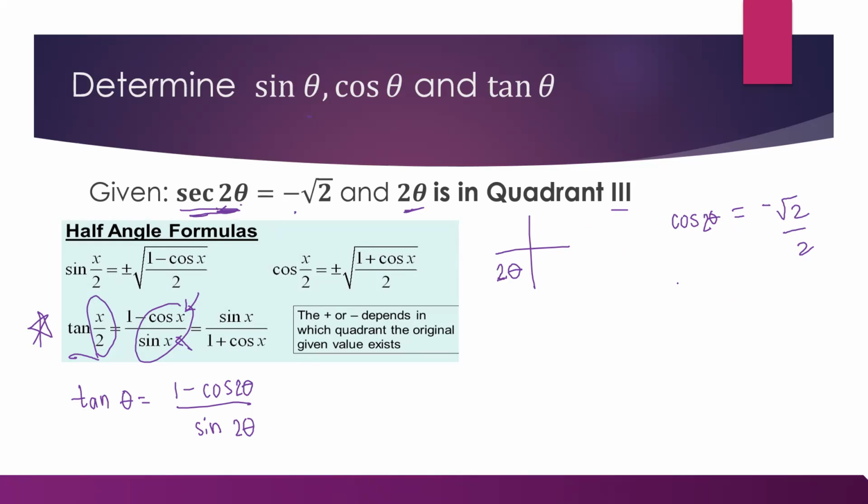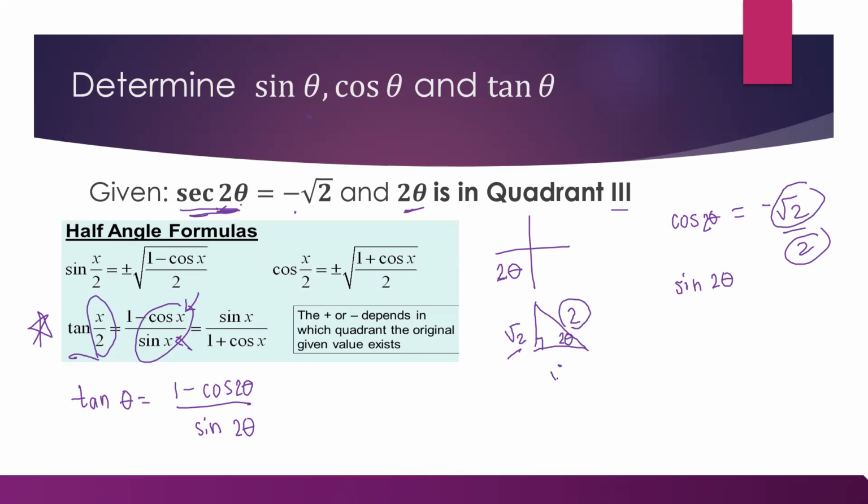Then, to solve for sine 2 theta, we can just refer to our triangle. So, how is our triangle? 2 theta is our given. This is 2 theta, an acute angle. This is adjacent. This is the hypotenuse. So, to get the other side, that will be 4 minus 2, which is 2.